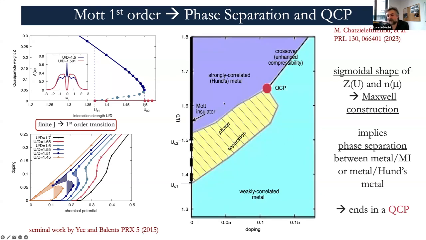So first order transition between a weakly correlated metal and a strongly correlated metal, which is dominated by the fact that it's actually the proper doped Mott insulator. So that's what I tend to identify with the zone where the strong correlation due to Hund's physics starts to happen, so the Hund's metal.